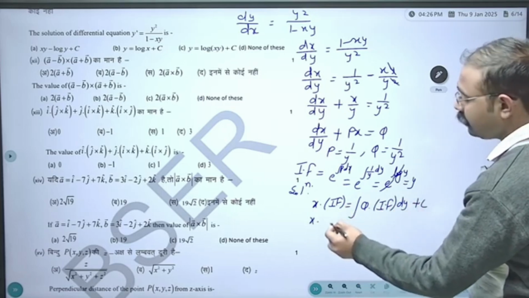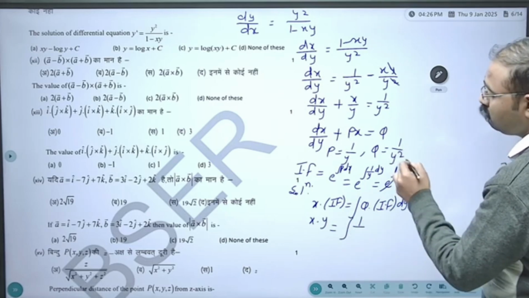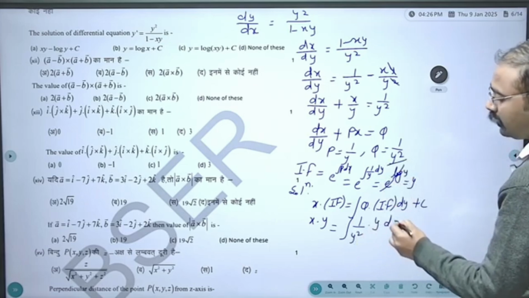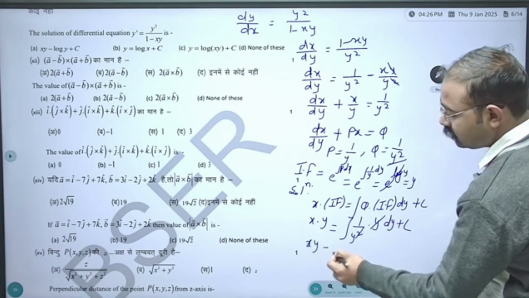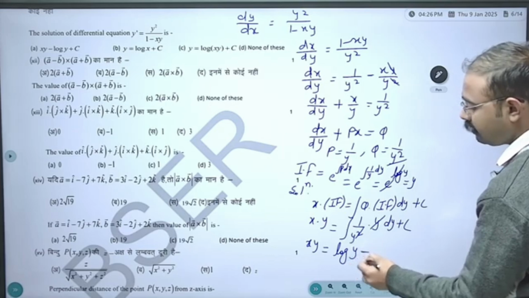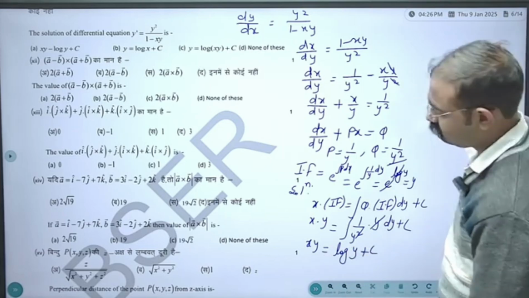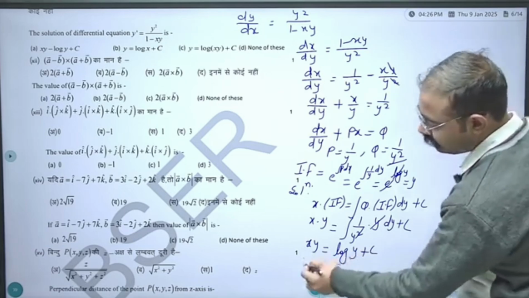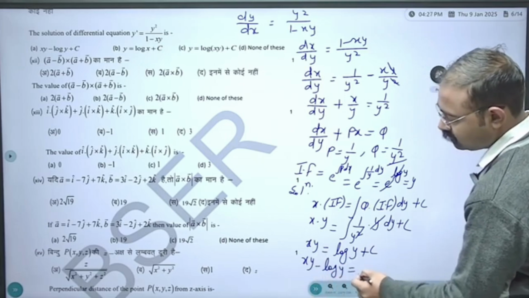x times the integrating factor y is equal to integration of q, which is 1 upon y square, times the integrating factor y, dy plus c. One y cancels, so xy is equal to integration of 1 upon y, which is log y plus c. Transposing log y to that side, xy minus log y is equal to c.